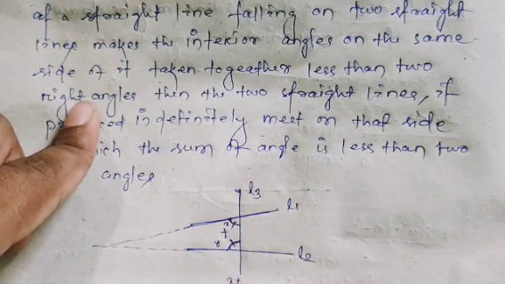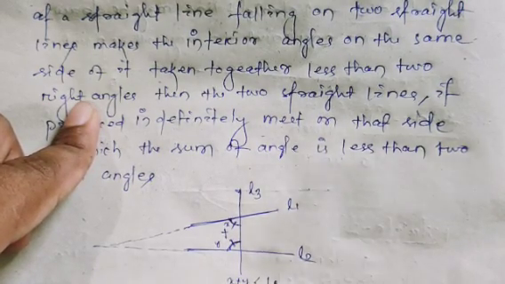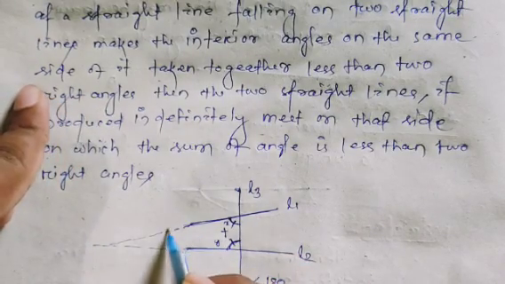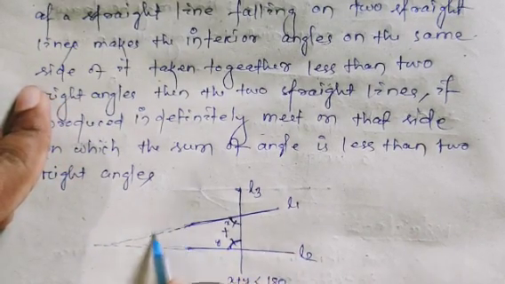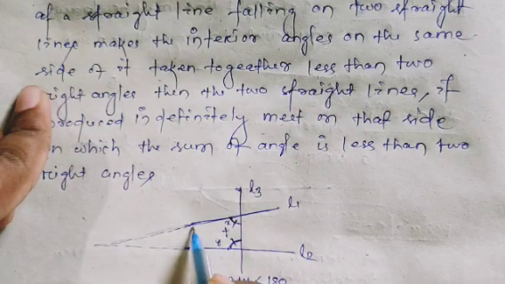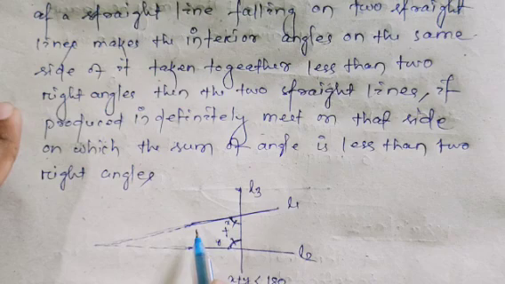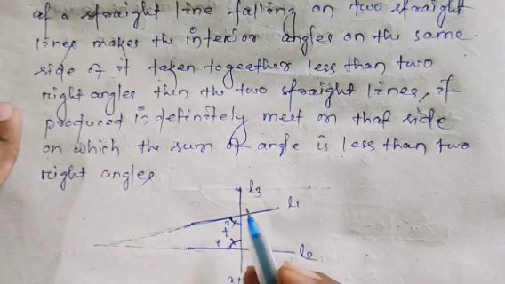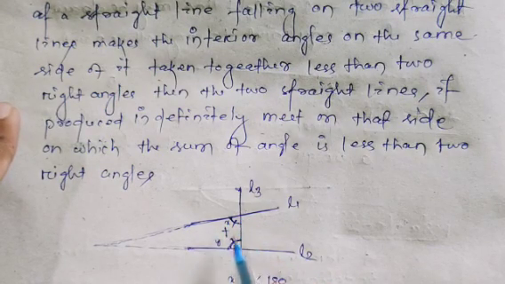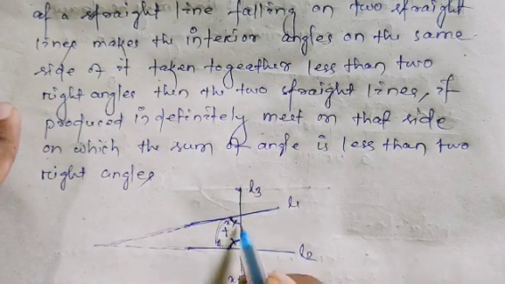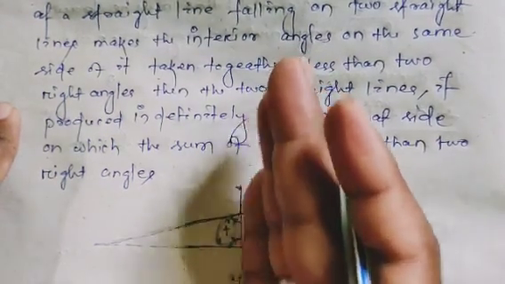If x plus y is less than 180, then if we produce these two lines, they will definitely meet on the same side, on the side on which the sum of the angles is less than 180, on this side of the line L3.